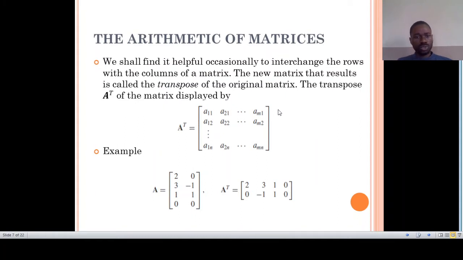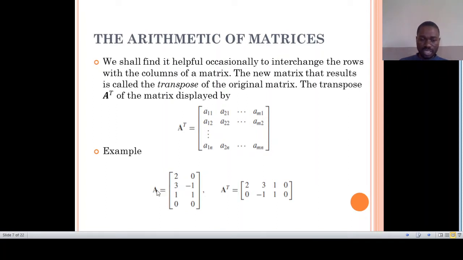There's something we call the transpose of a matrix. The transpose of a matrix is very simple. Transpose simply means that you take the rows of a matrix and convert them into columns. For example, look at this first row. The first row here is 2, 0. The second row is 3, minus 1. The third row is 1, 1. And the fourth row is 0, 0.